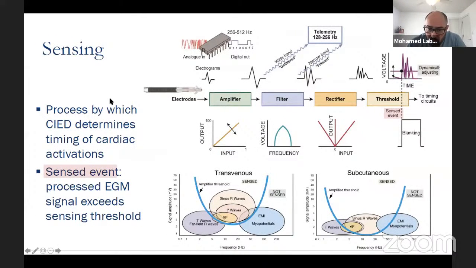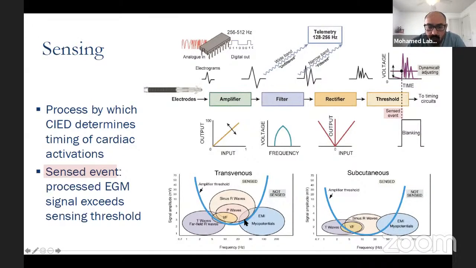Sensing is a complex process where the analog data on the tip of the lead is converted to digital. It goes through amplification, filtering, rectifiers, and then it passes through the threshold. And the sweet spot or the good zone is something like this.